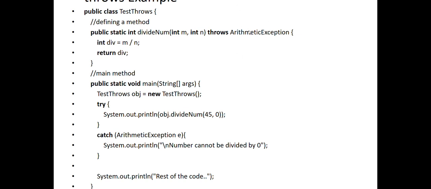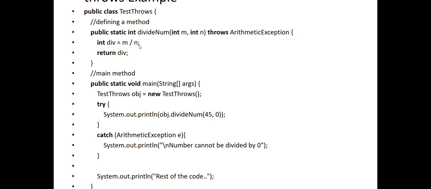So basically it will throw the ArithmeticException. That's why we are creating here an instance of ArithmeticException and writing System.out.println, number cannot be divided by 0. After that, I'm mentioning System.out.println, rest of the code. The output of this program will be that the number cannot be divided by 0, because the value of m is 45 and n is 0.